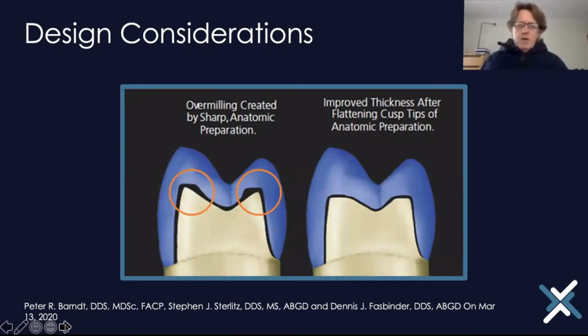The same goes for posterior. So by default, if we are milling crowns, 99.9% it will be a glass ceramic of sorts. That includes that you are going to mill zirconia. You need to understand that you cannot have sharp line angles because you are going to create overmills on the inside. So when you prepare in the posterior component now, you need to prepare so that you get soft round edges so that the milling unit number one can create a proper fitting surface of your crown, and that you can have a stronger restoration.